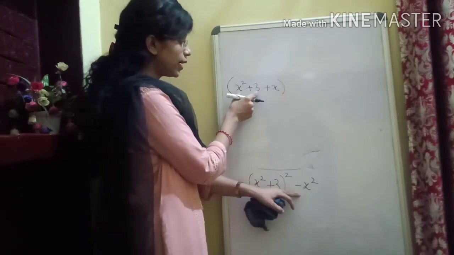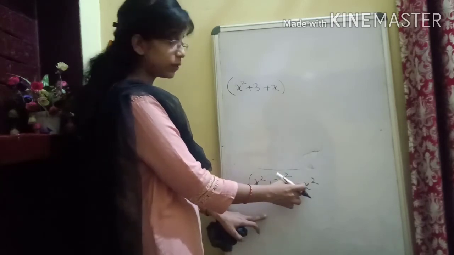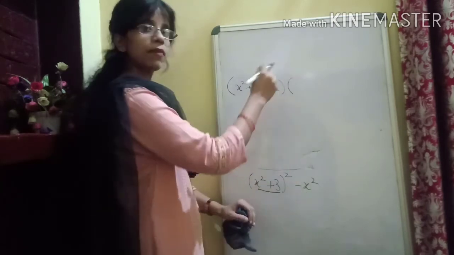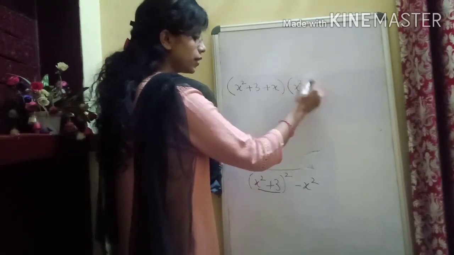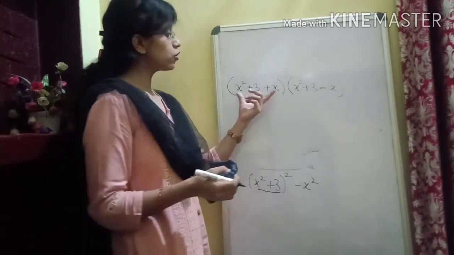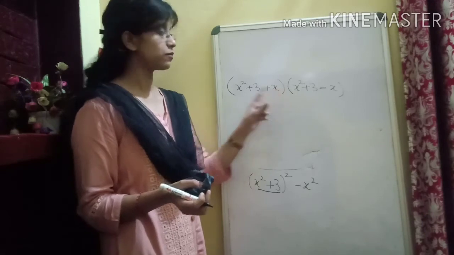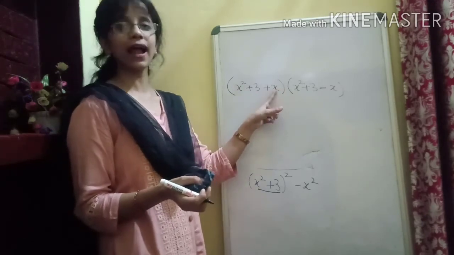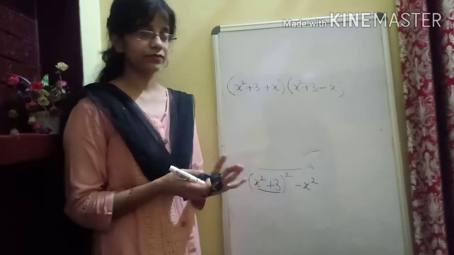If you see, this is your a and this is x, your b. Now in other bracket, a minus b. What is your a? That is x square plus 3 minus b. What is your b? Minus x. Now you cannot further simplify because these two terms are not similar. These are unlike terms. This is x square and this is x. Do not add them. So here now we cannot do anything. So this is our answer.